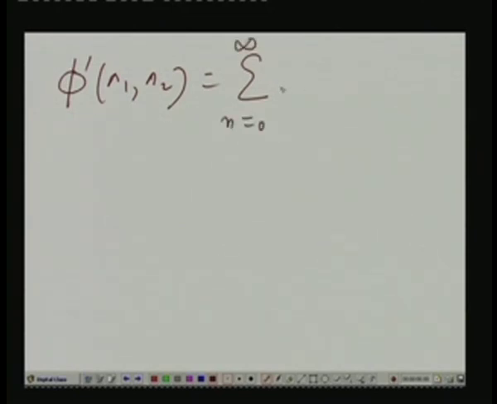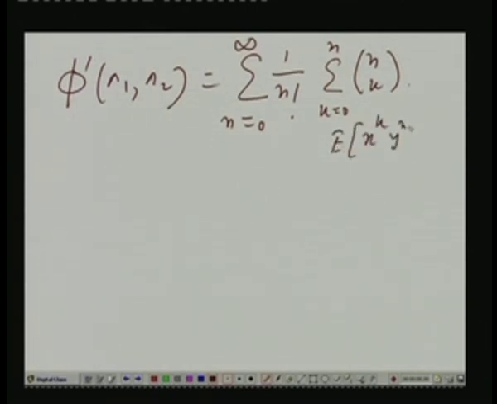For that I rewrite that term again, that phi prime S1 S2.